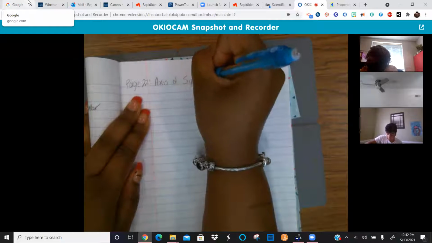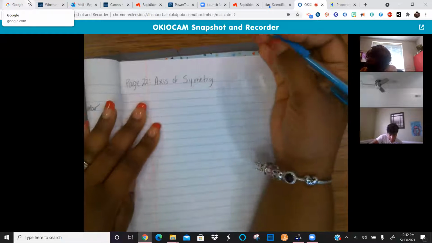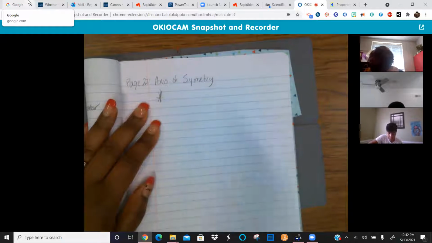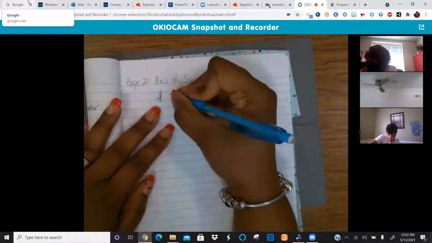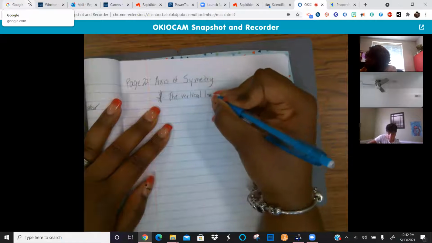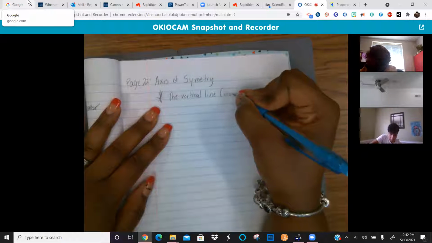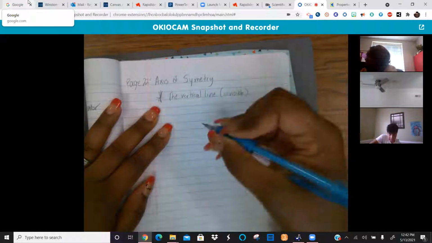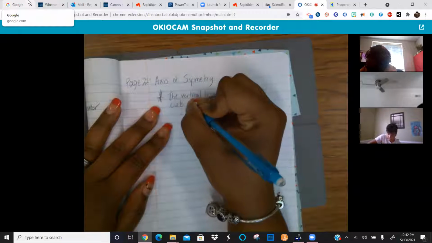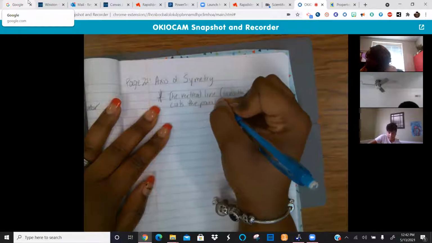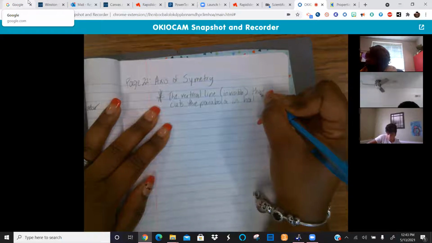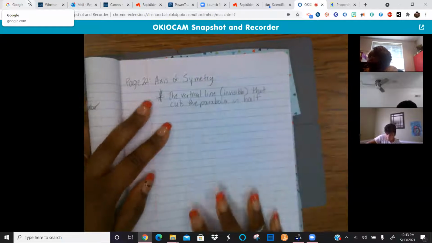Axis of symmetry is really not that bad, to be honest. So again, this is the invisible line, or the vertical line, that cuts the parabola in half. It cuts that parabola right down the middle.